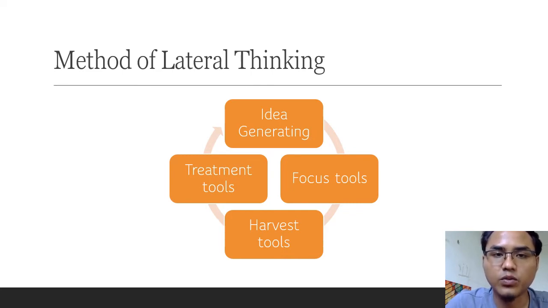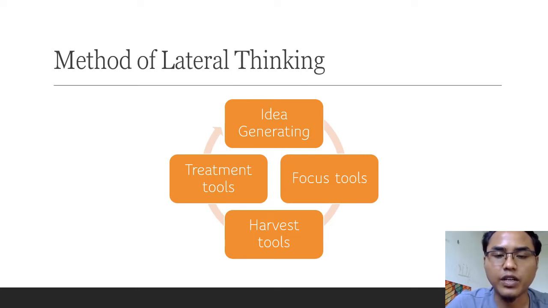After that, we have the focus tool, which intends to broaden where to search for our new ideas. In the focus tool, we can say that in order to generate the idea, we must see other solutions to make more ideas so that we can get the brilliant idea.